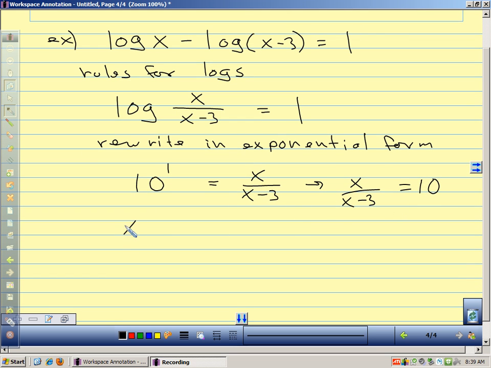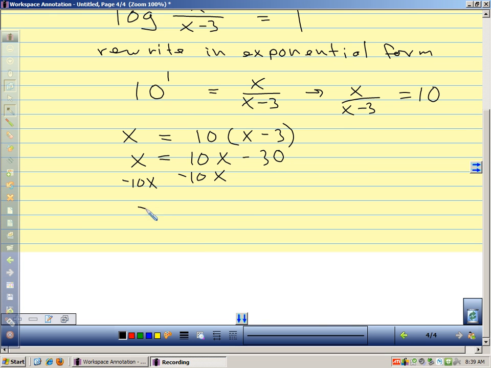I'm going to multiply both sides by x minus 3. x equals 10 times x minus 3. So x equals 10x minus 30. Subtract 10x, and I get minus 9x equals minus 30.